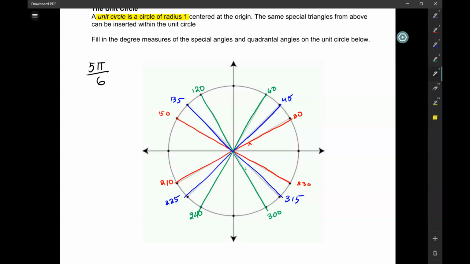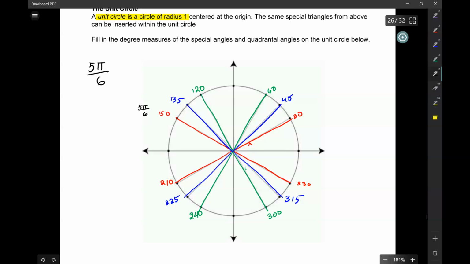Pi over 6 is the tiny angle, right? So it's these, the 30s. So 1 pi over 6, 2 pi over 6, 3 pi over 6, 4 pi over 6. 5 pi over 6 is this one, top left. Okay, so that's how we do it.